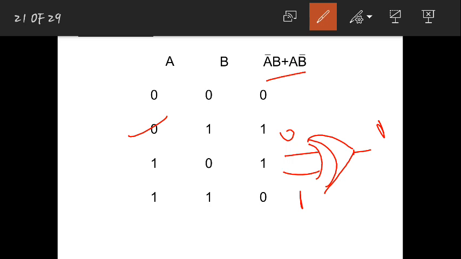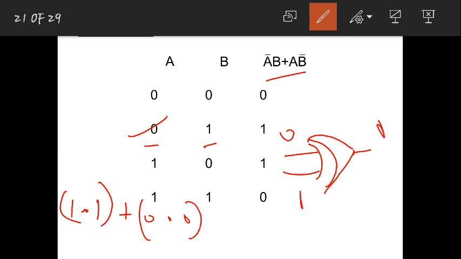A is given as 0, so A bar becomes 1, and this is the AND operation. Next B, there is no bar, so B is 1. This is the OR operation. A as it is is 0, B is 1, but B bar will be 0.